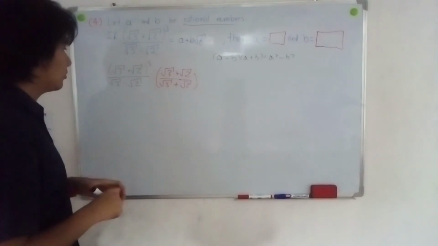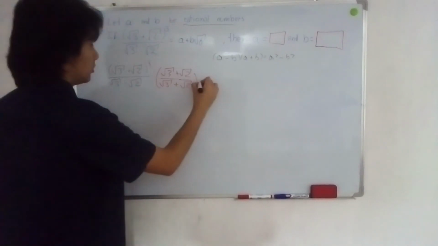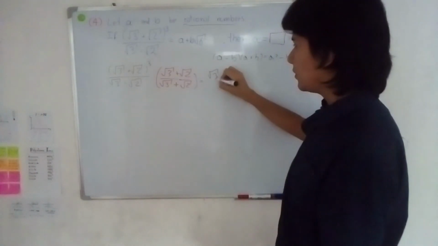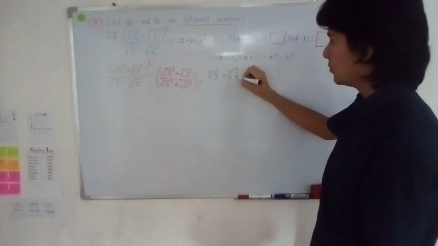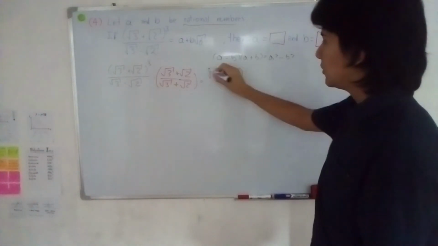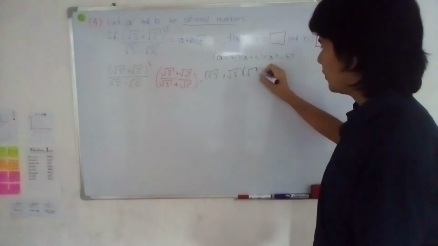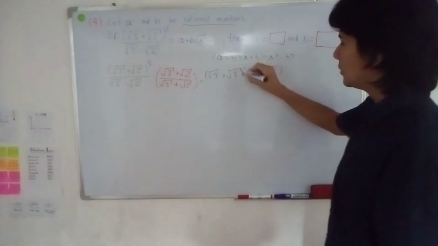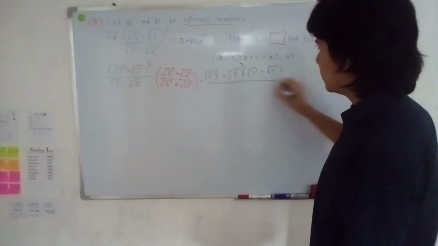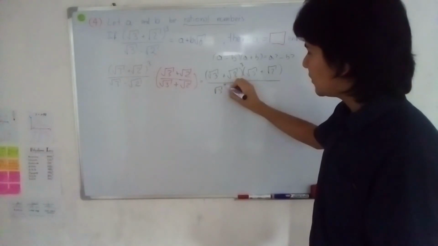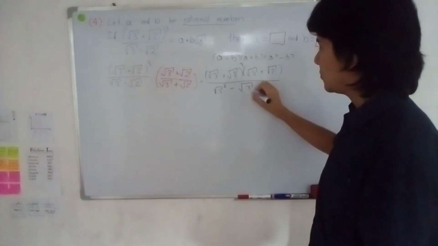That is the square root of 3 plus the square root of 2 times the square root of 3 plus the square root of 2, that is a cube, divided by the square root of 3 squared minus the square root of 2 squared.